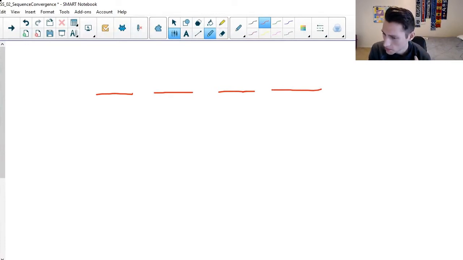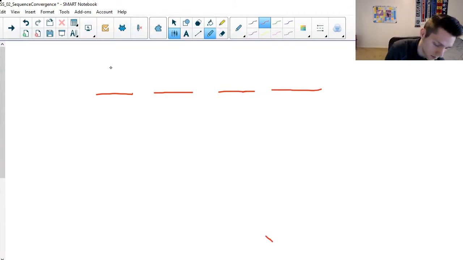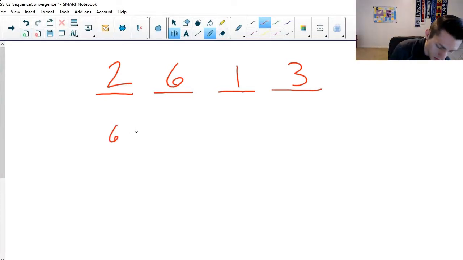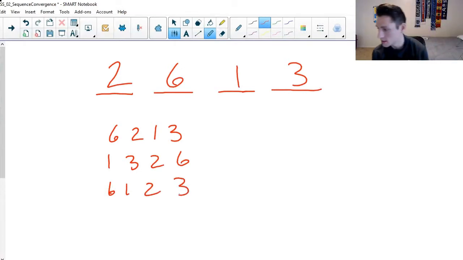Like if I have the numbers 2, 6, 1, 3, and I want to know what are all the different orders that I could put these in. So it could be in the order 2, 6, 1, 3. It could be in the order 6, 2, 1, 3, or the order 1, 3, 2, 6, or the order 6, 1, 2, 3, or et cetera, et cetera, et cetera.